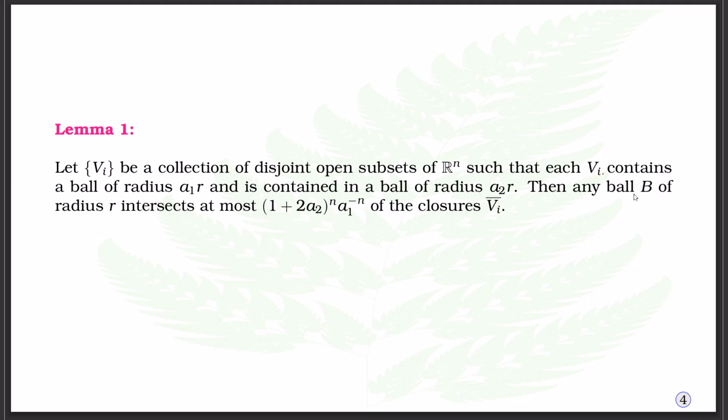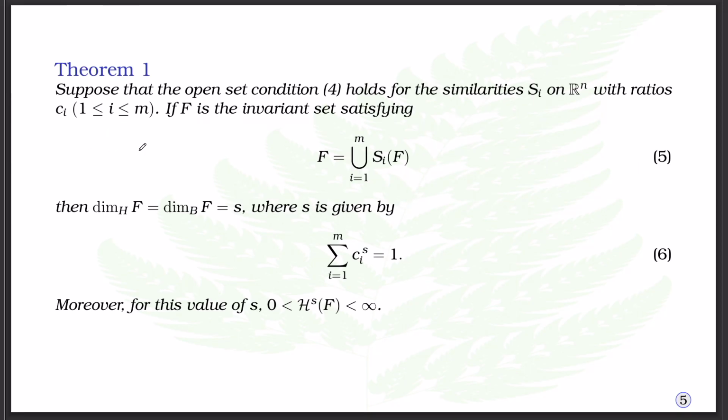Then any ball B of radius r intersects at most (1 + 2a_2)^n times 1 over a_1^n of the closures V_i bar. So, based on this lemma, one can prove this theorem.